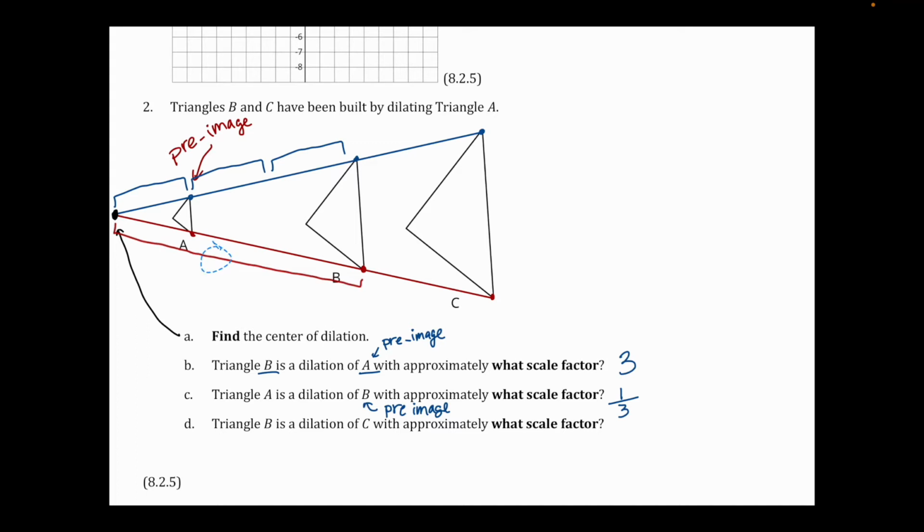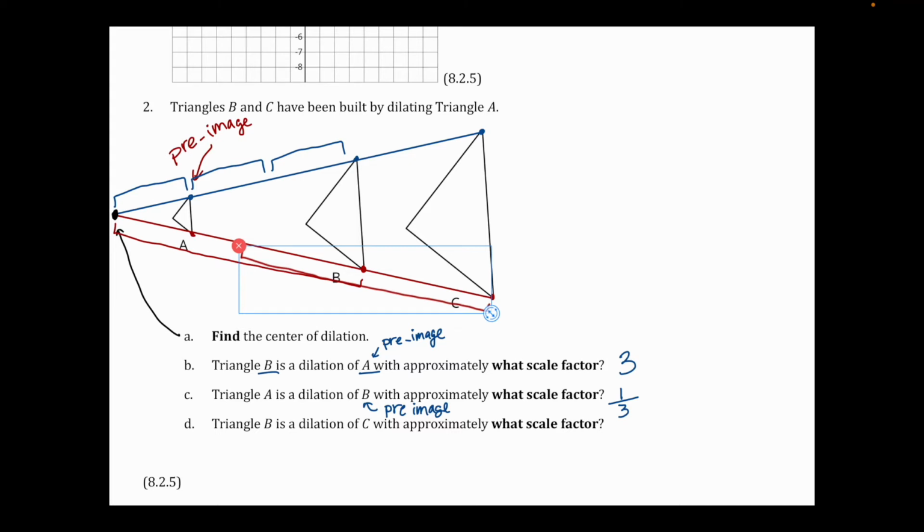So I'm going to do some copying and some pasting. And this, it looks like it overlaps about halfway. Now I didn't draw it super straight, but it looks like about half of it overlaps.